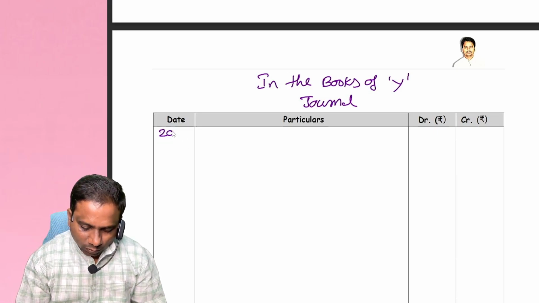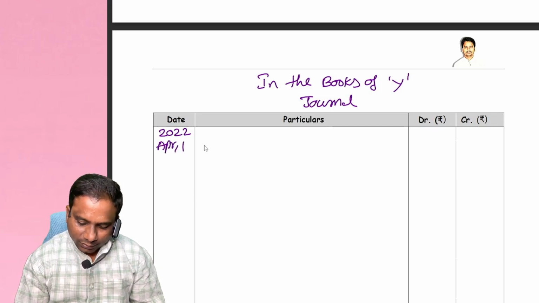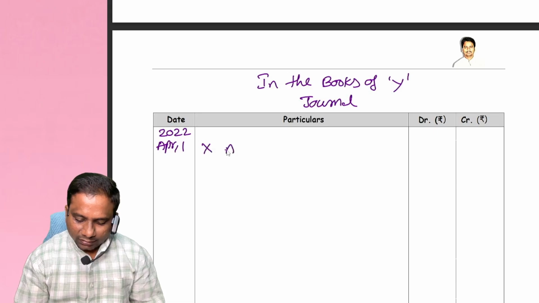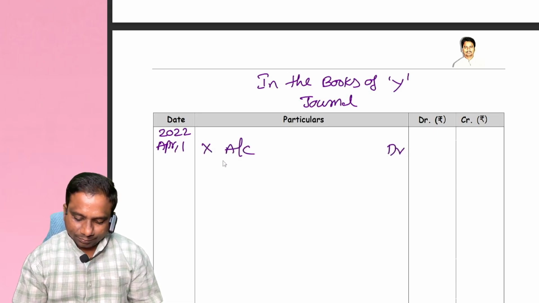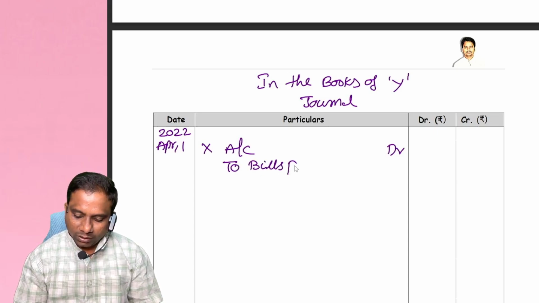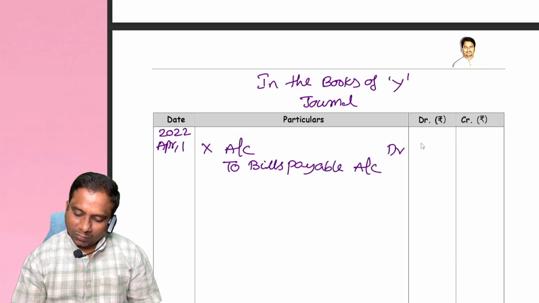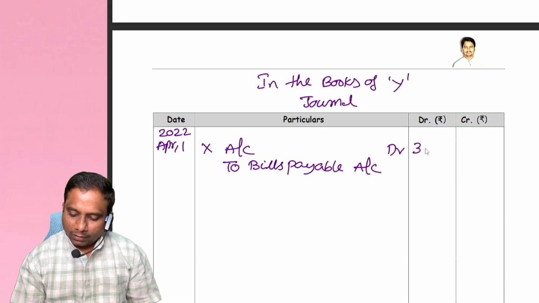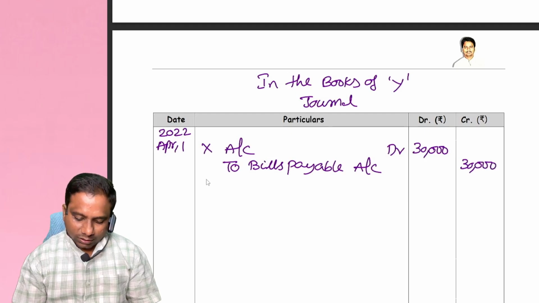Entry 2022 April 1st. X account debit to bills payable account. How much? 30,000. It is also 30,000.